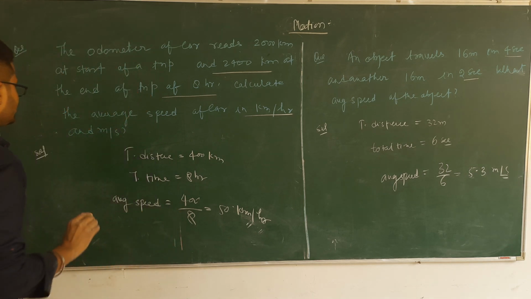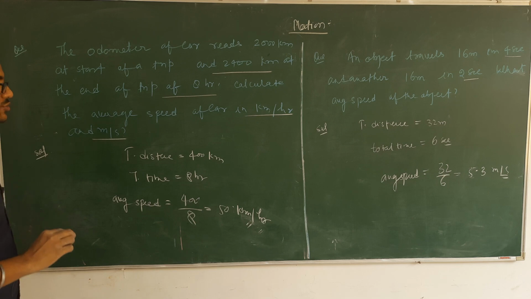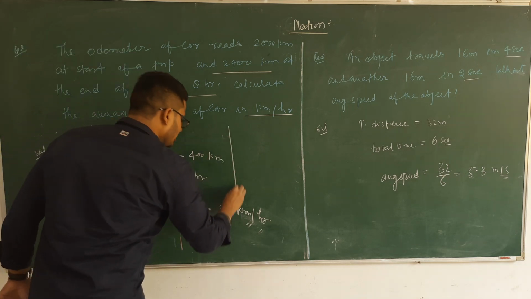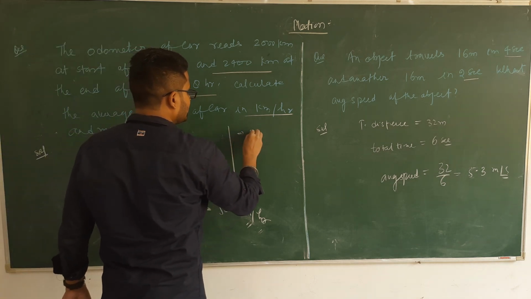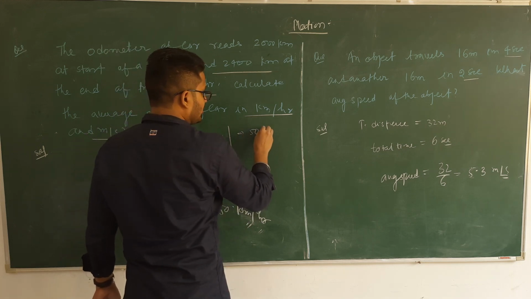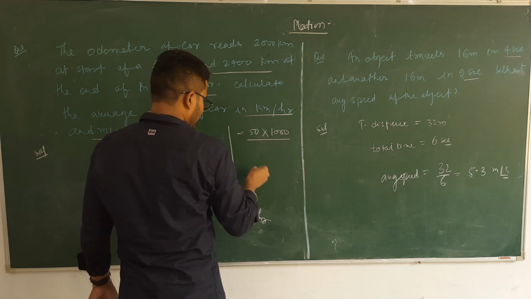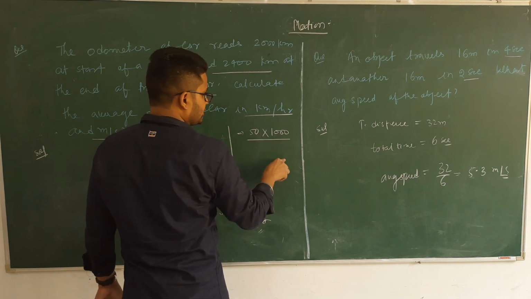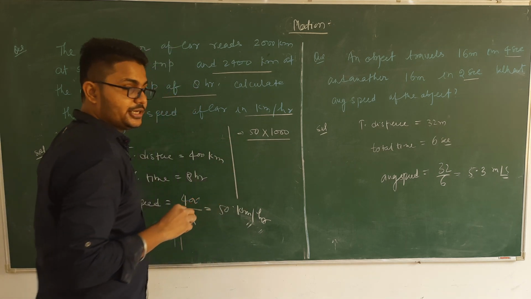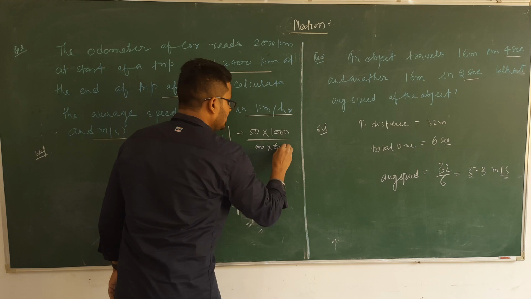Next, he is asking for meter per second. So how to change kilometer per hour into meter per second? This is 50 kilometer per hour, so kilometer changes into meter, multiply by 1000. Below is hour, so convert into second. 1 hour is 60 minute into 60 second.